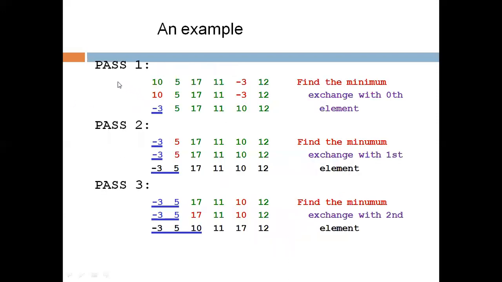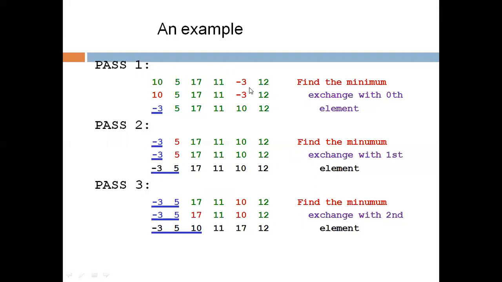Suppose this is our list, this is an unsorted list. So this is the 0th element, and we will find the minimum element in this given list. Suppose there is a function to find the minimum element, and it gives the output -3.